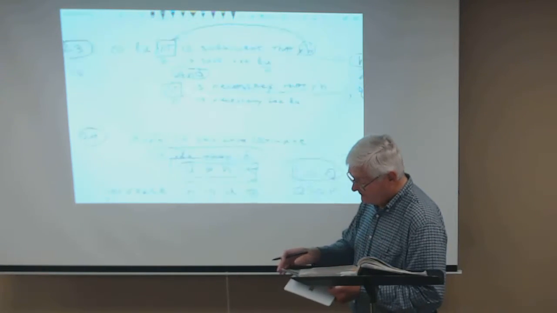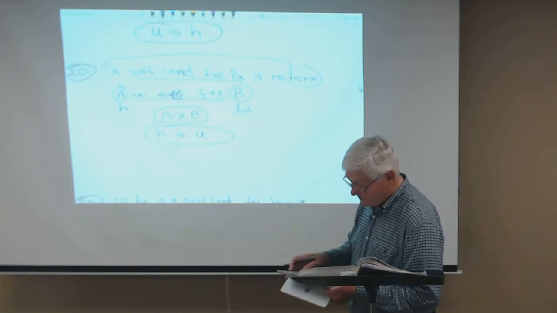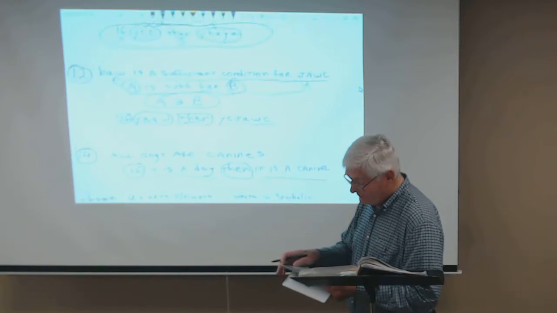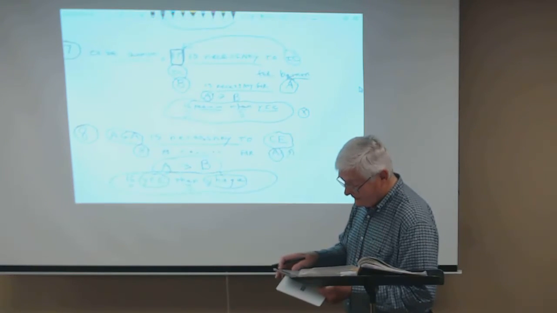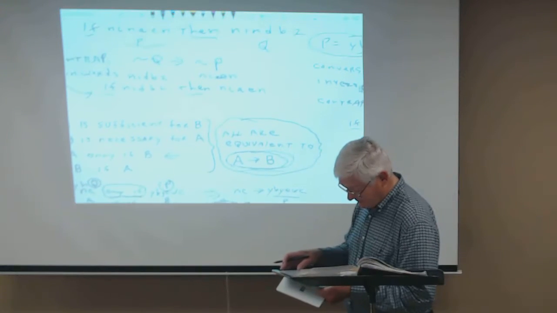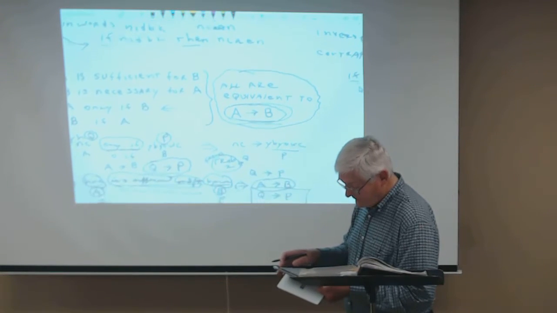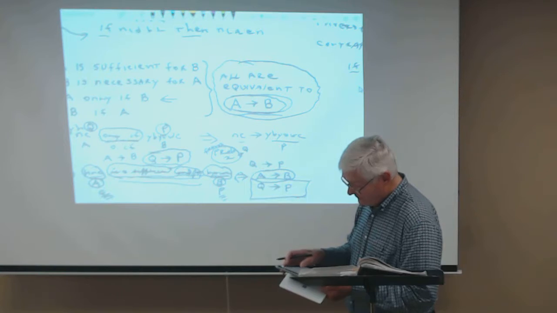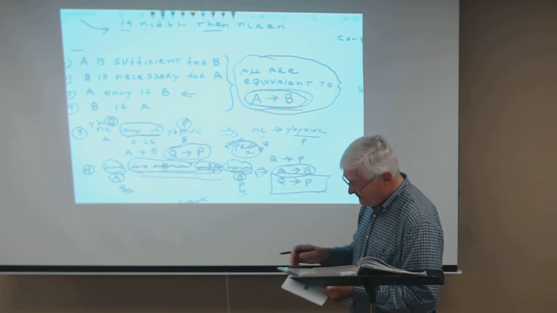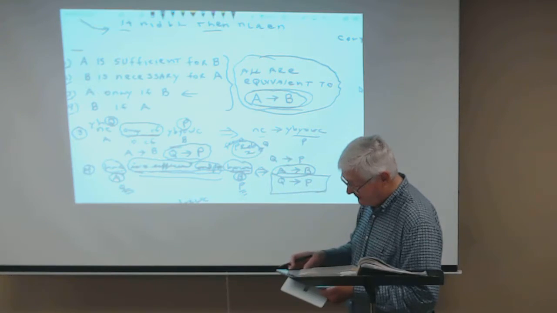Back to the chart. Only if. Where'd it go? Wow, way on up here. Only if. A, sentence 3, A only if B is equivalent to if A then B.